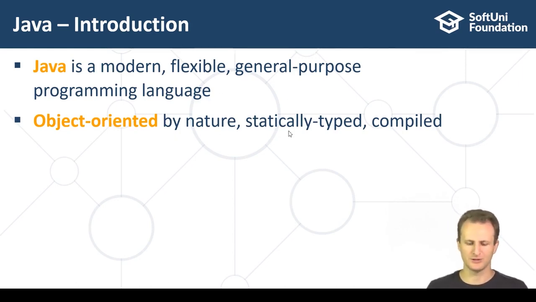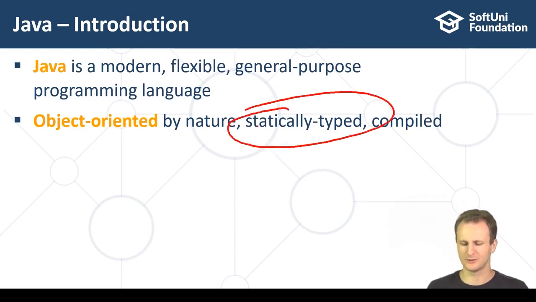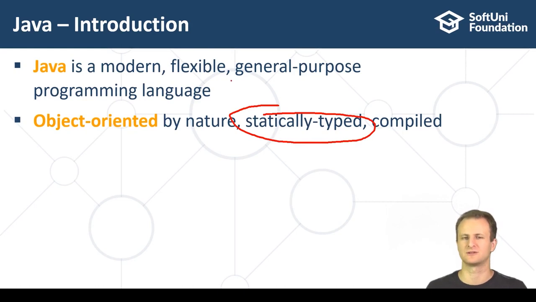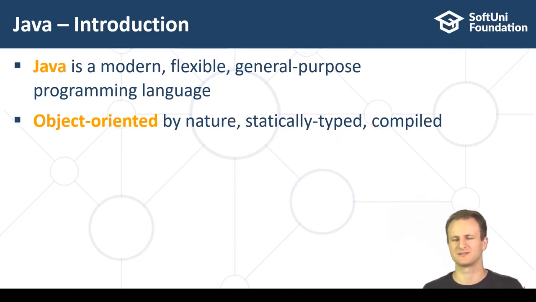But for now, what we need to really know is that Java is statically typed, meaning that once you create a variable of a certain type, for example, an integer, that variable remains an integer. It will always contain an integer inside it. It can't contain anything else, meaning that Java checks for incorrect assignments of data.